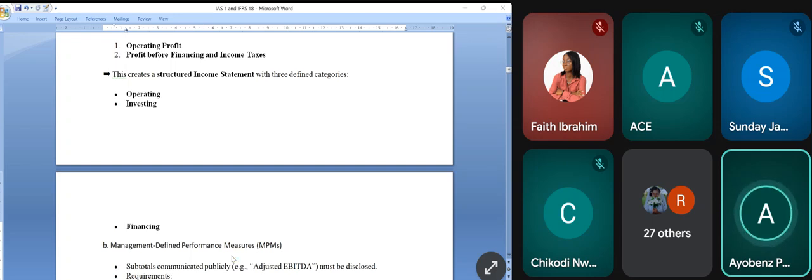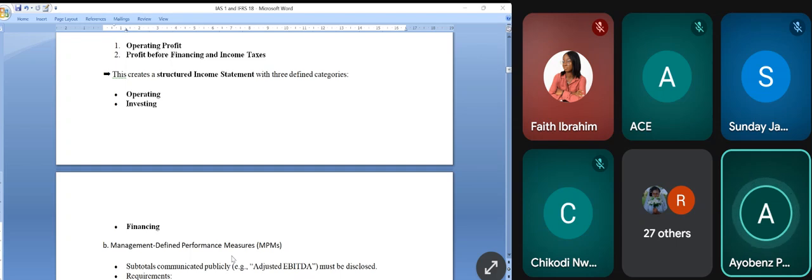Then afterward, you go to investing. You write investing, then you put a column, and other investing items, you put them there. And after that, you go to financing, and under that financing, you state all those financing items. So it's as simple as that. That's the part A of the new structure.